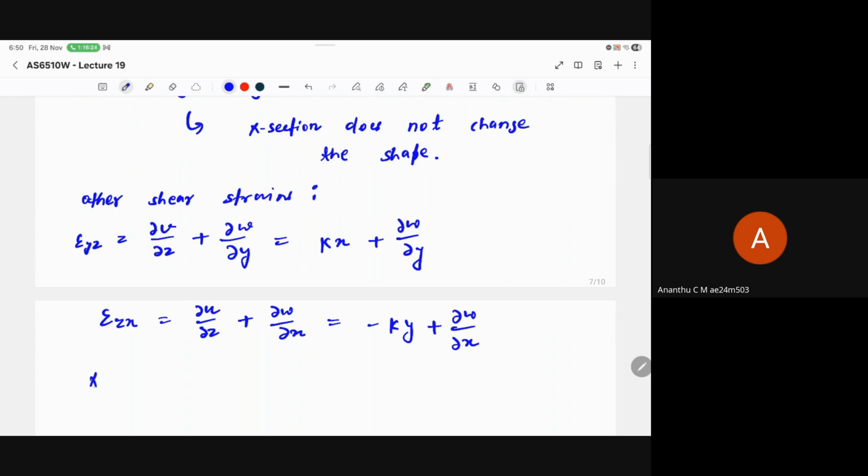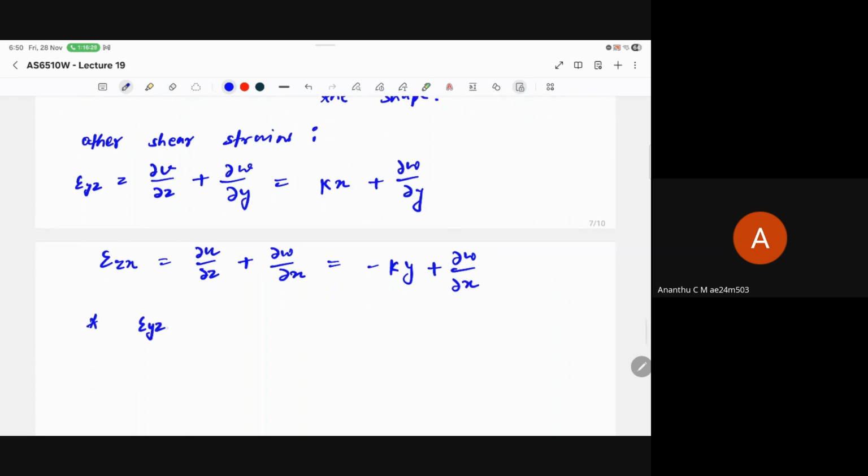So what we have here is that shear strains epsilon yz and epsilon zx are non-zero. There is no shear strain in the xy plane, or along the cross section direction, but we have shear strain in the yz plane and zx plane.